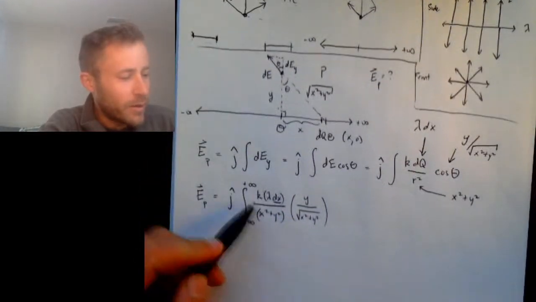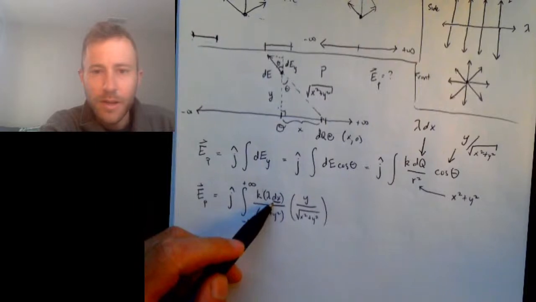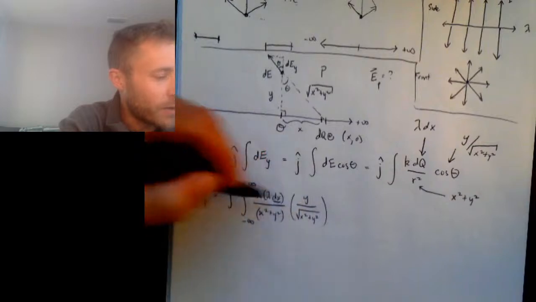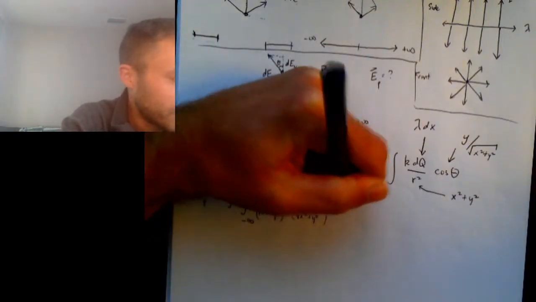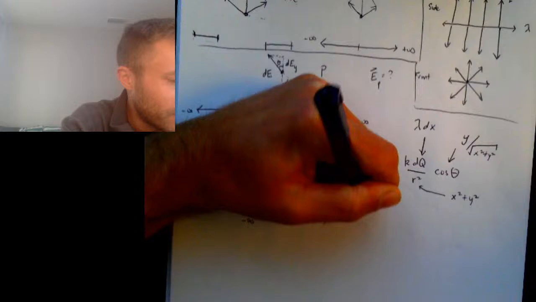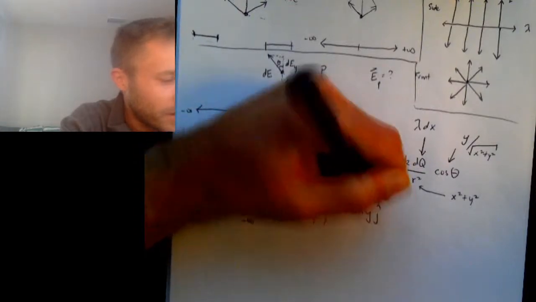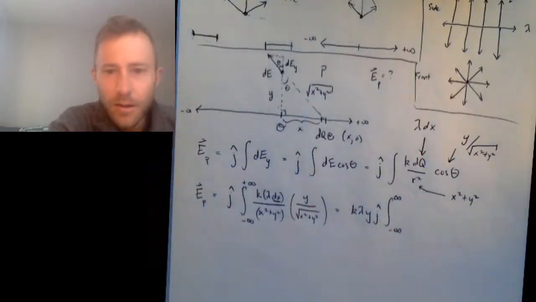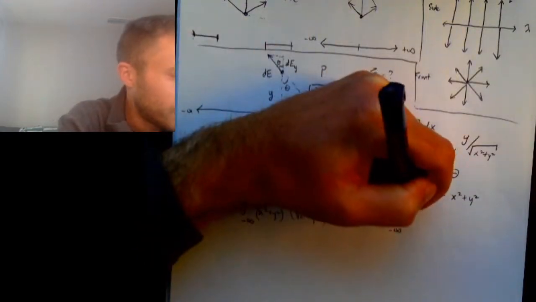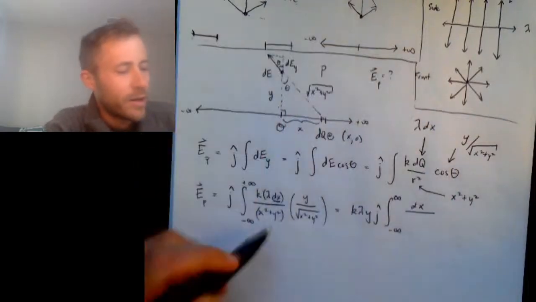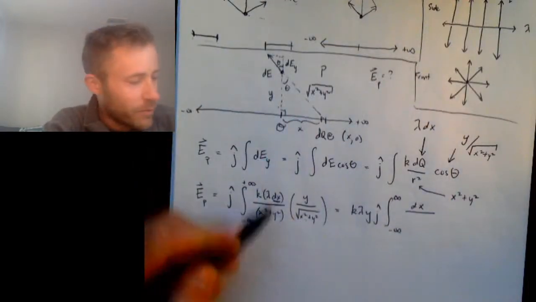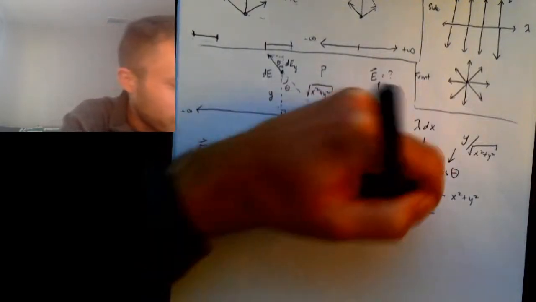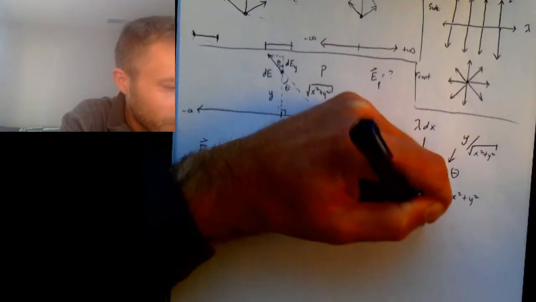If I notice that x is my variable, anything that doesn't have x in it can be factored out. That's going to be y, lambda, and k. So I have k lambda y times j hat times the integral from minus infinity to infinity of dx over, multiplying these two together, the first power and then the 1/2 power, so I get the 3/2 power of x squared plus y squared.